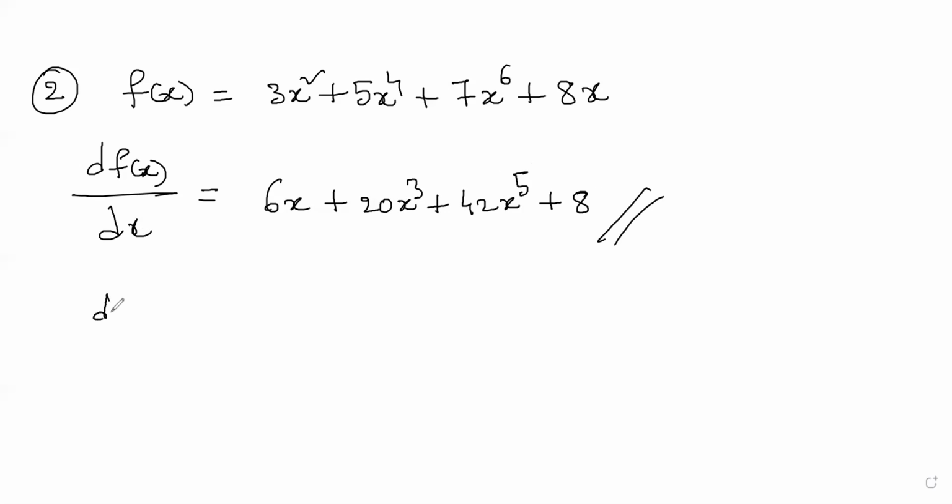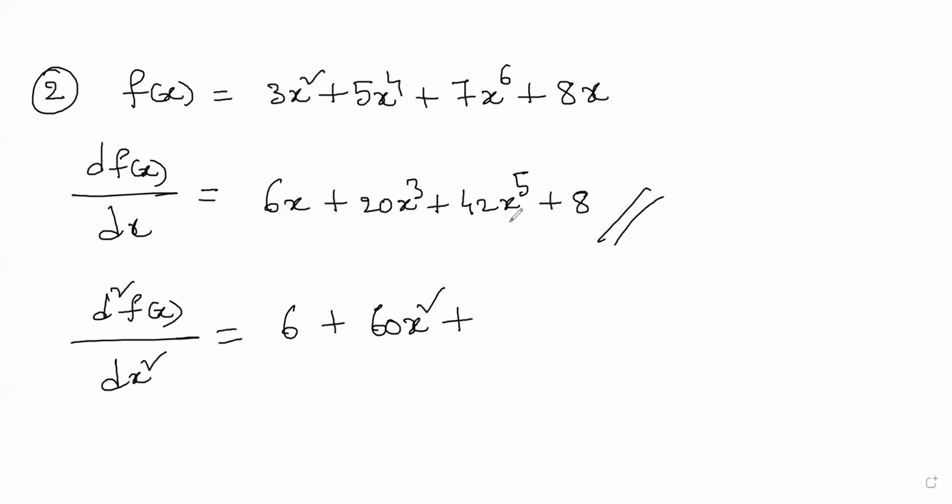And then what about the double derivative? This is the practice they have given us in your textbook. So what is the double derivative? It will be 6 here, plus 60x square, plus, oh my god, 42x power 5.